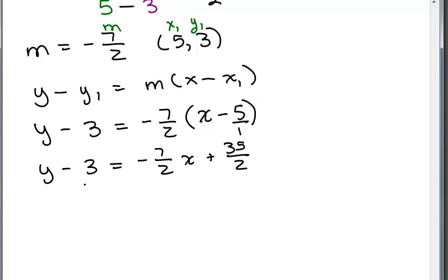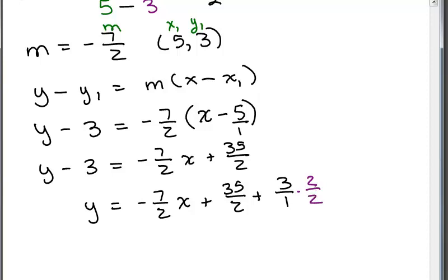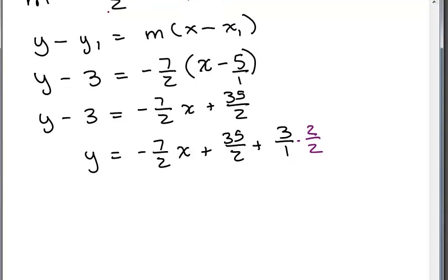But now I've got to add 3 to both sides, and I need a common denominator. So I get y equals negative 7/2 x plus, and what do I have over here? 35 plus 6. So that's 41/2.